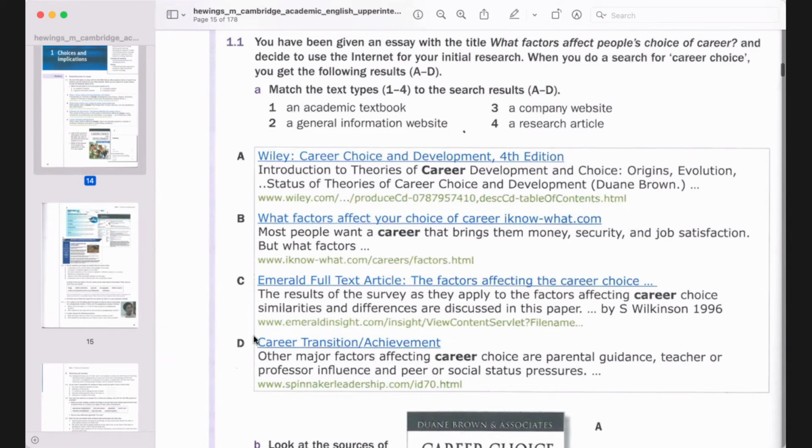Might be A. Right, it's A. Number 2, general information website. Maybe B. Yes, it's B, correct. Number 3, company website. D. Yes, right, D. And for number 4, what's left? C. C, correct. Okay, that's great.